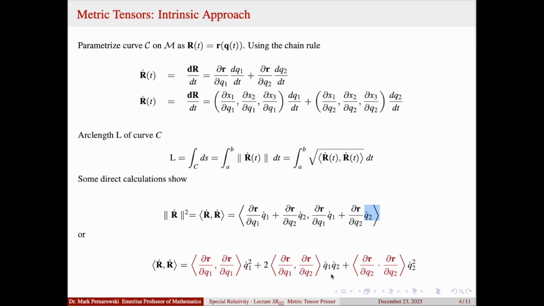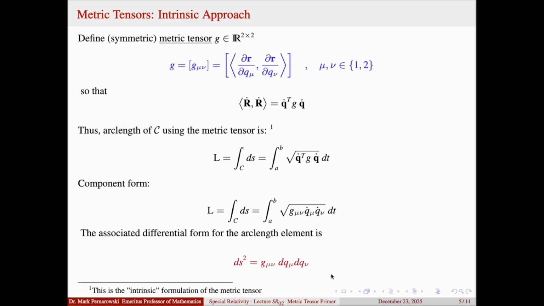If you stare at this long enough and you know a little bit of linear algebra, you would say, well, I can write that in a matrix form. Each of those inner products, you take the inner product of pairs of these tangent vectors, derivatives in q mu and q nu. There are 4 possible combinations of these inner products.